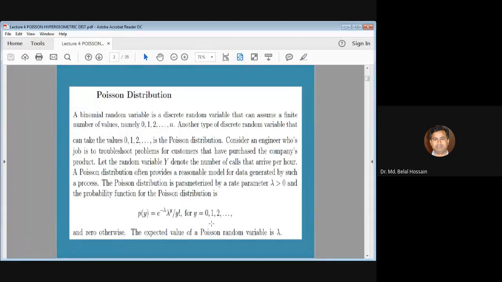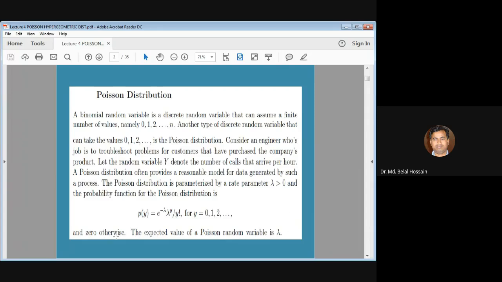That means you will have probabilities for y equals 0, 1, 2 up to infinity, but for other values, for example 0.5, 1.5, 2.4, the probability will be 0 because this is a discrete distribution.